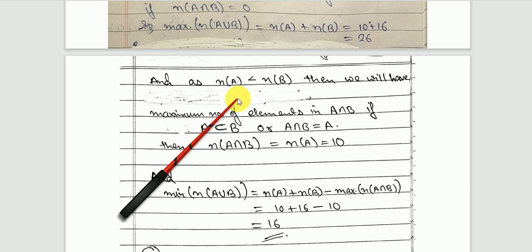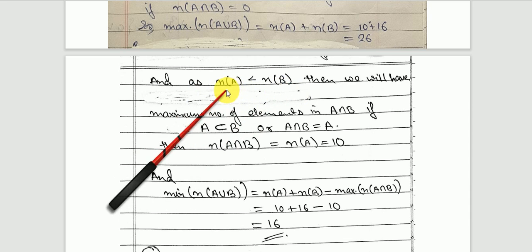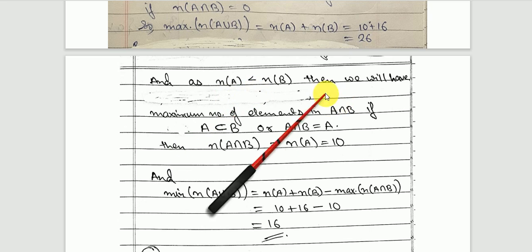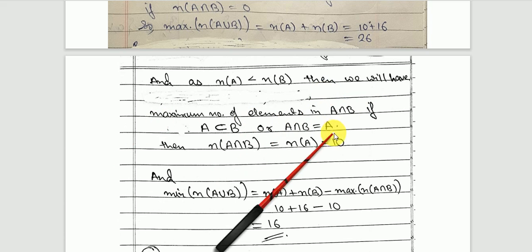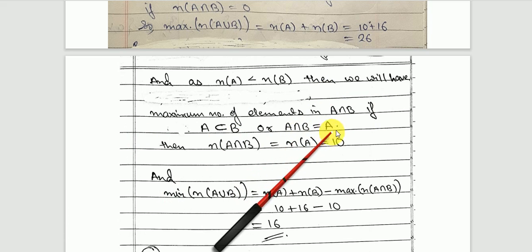So A can be a subset of B. If you take intersection of A and B, then you will get whole of A. So in that case, your intersection will be maximum. So we'll have maximum number of elements in A intersection B if A is contained in B, or A intersection B is equal to A. So maximum number of elements will be equal to 10.